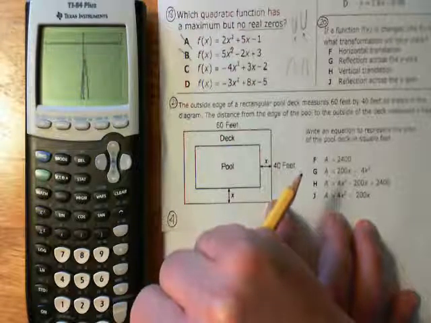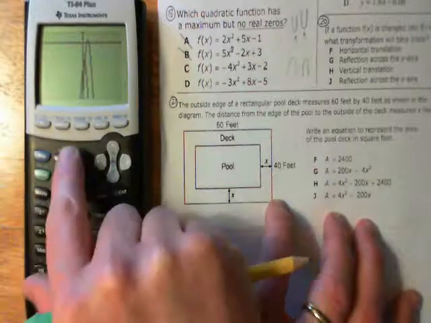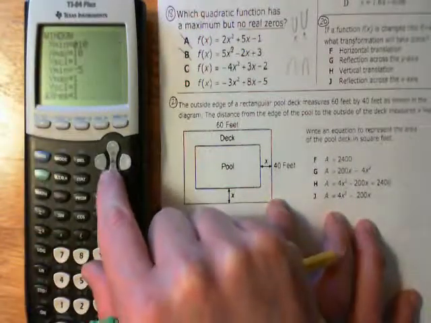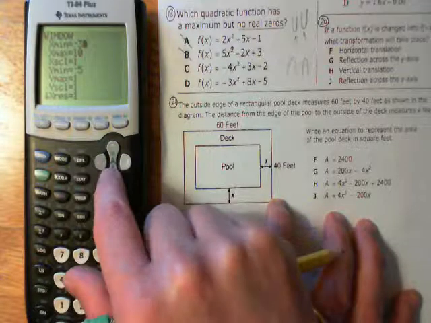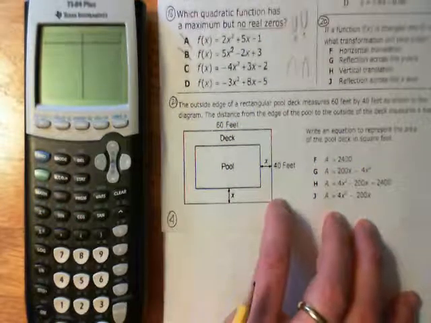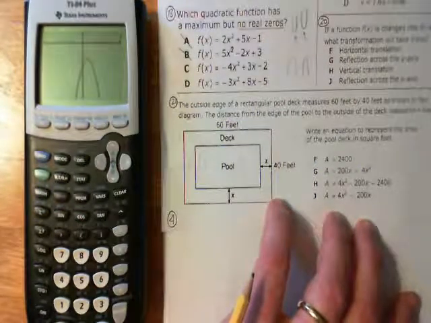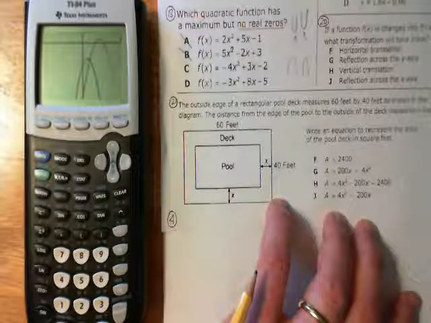Okay, that's my first graph. This is my second graph. Let's also change the window in this way. So let's say I change it to, let's say, negative 3 and 3, just to give you a better picture of the graph. Alright, so that's my graph, and that's my graph.